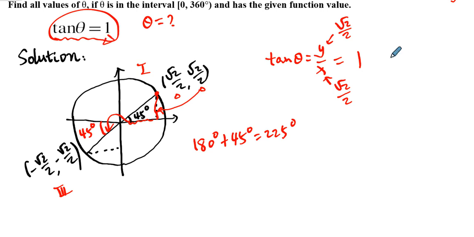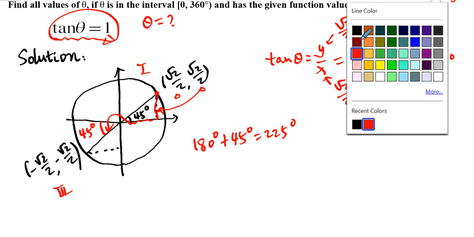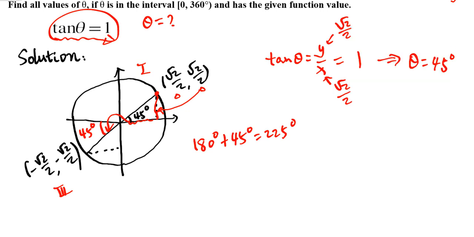So then for sure, one theta is 45 degrees. That's the one. One answer is clear. Another one is the one right here. The terminal side could be here.